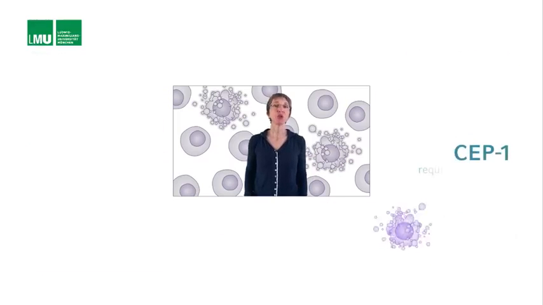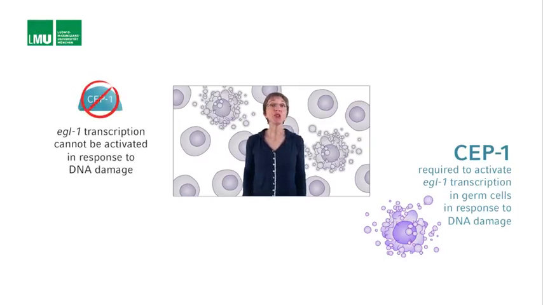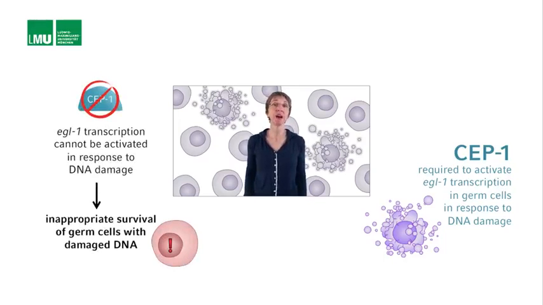SEB1 is required to activate AGO1 transcription in germ cells in response to DNA damage. In animals lacking SEB1 function, AGO1 is not transcriptionally upregulated in response to DNA damage, which leads to the inappropriate survival of germ cells that would otherwise die.